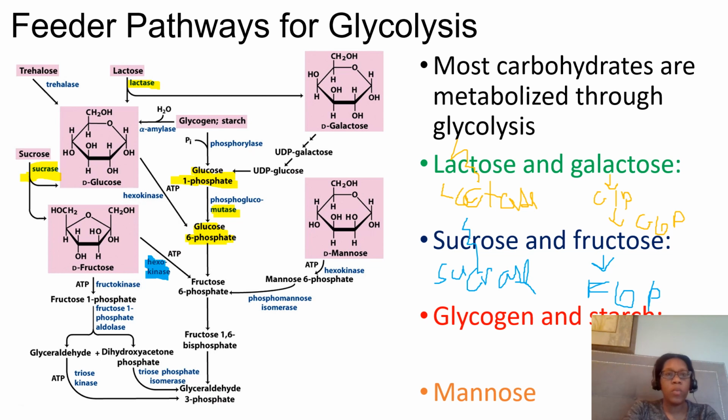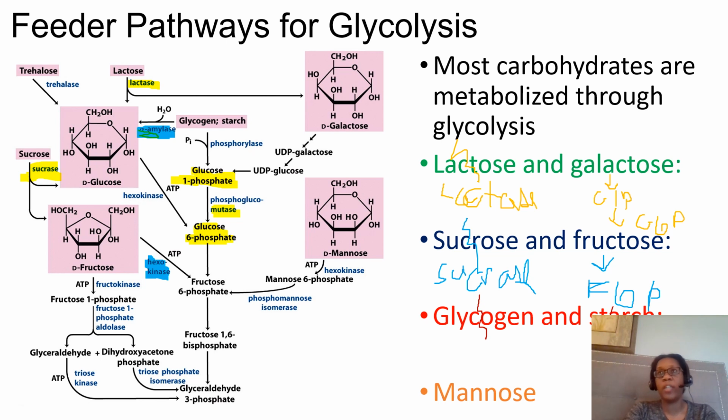All right, so then what about glycogen and starch? Glycogen and starch are just polysaccharides of glucose. That's it. And so we can take our glycogen or our starch and break those down by amylase. So we can break those down with amylase, because they are just polysaccharides of glucose.